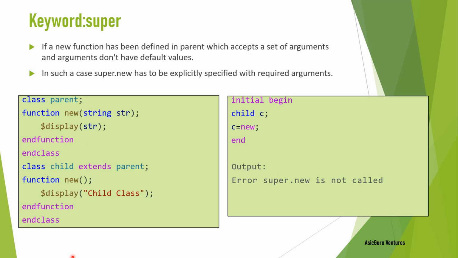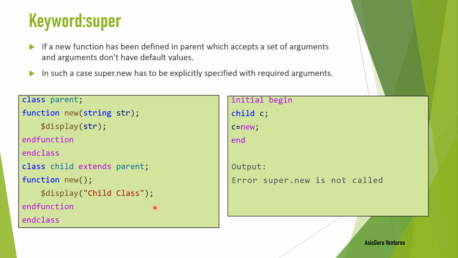Now let's look at a case where we actually have to call super.new manually. So in this example, the parent class has a constructor that takes a string argument, and there is no default value provided for this argument. Then we are extending this class in the child class, and we are defining its own constructor, but we forget to call super.new.